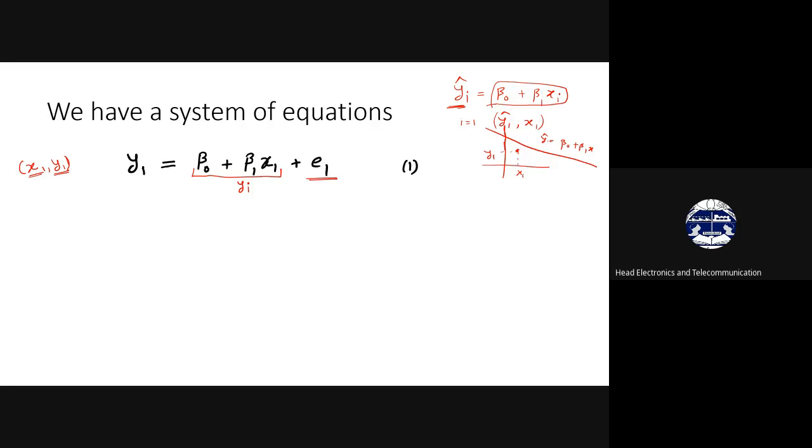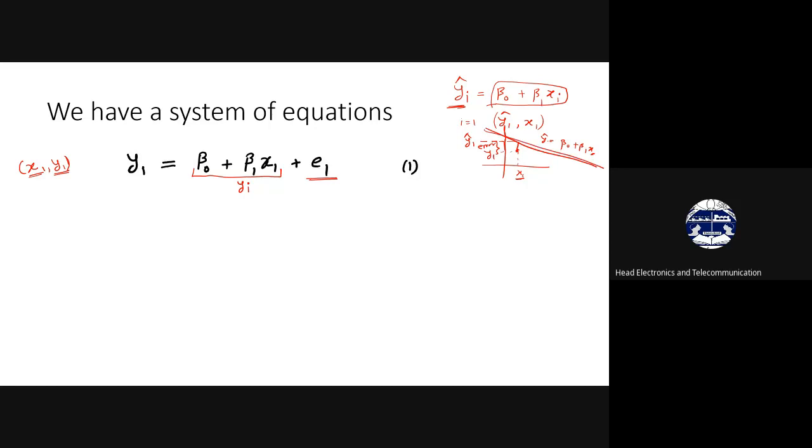So when I put x1 into this equation, it predicts y1 cap. The predicted value is this much, and this much error is happening due to the position of this line.